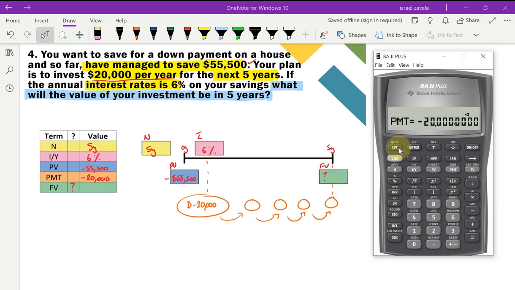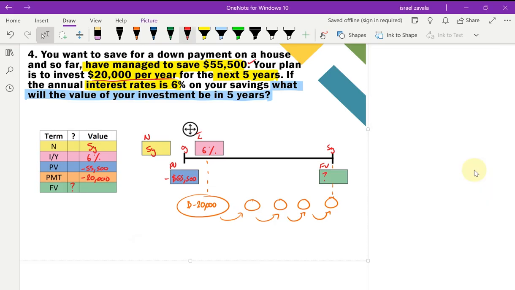And then what will that get us after 5 years? Compute future value. After 5 years, we should have $187,013.88, over here in our future value box, right?